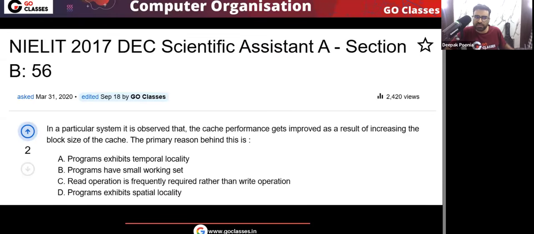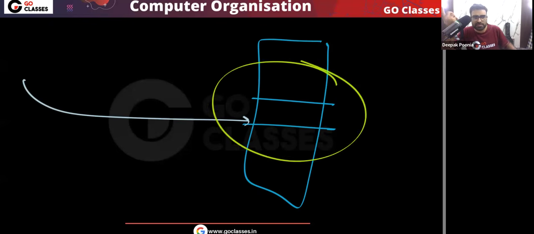That is the spatial locality. It simply means that the program you are running in your system has a lot of spatial locality. Remember what spatial locality is? Spatial locality means that if the CPU is accessing some memory location, then the spatial locality property says that in the near future, very soon, the CPU or the program will access the nearby addresses.